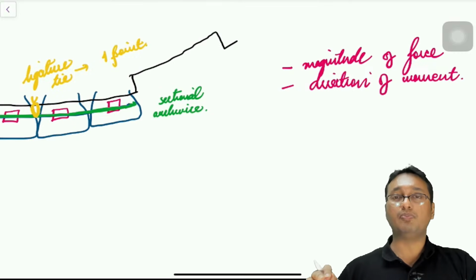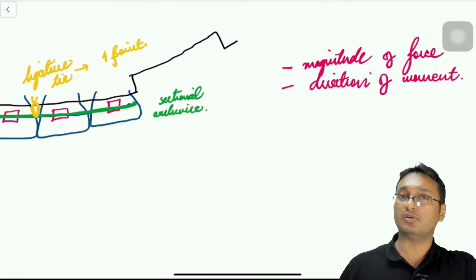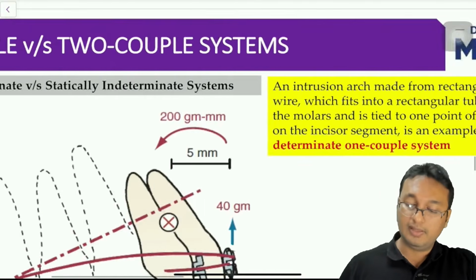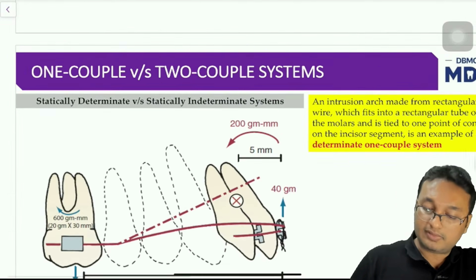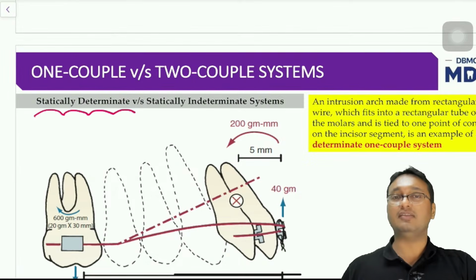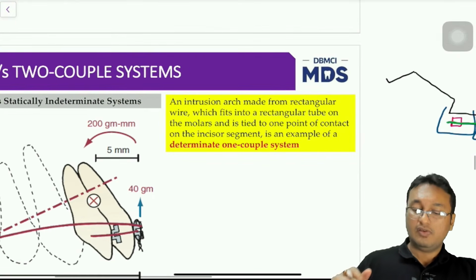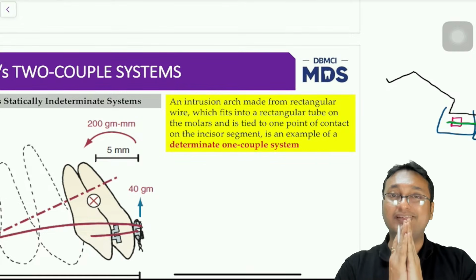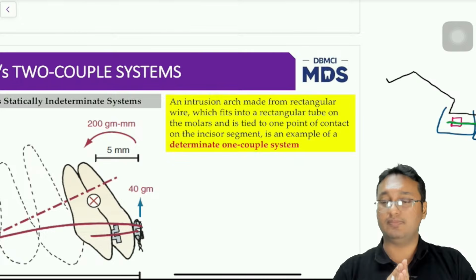So these parameters can be known for sure with acute precision in a one couple system. That is why it is synonymously called a statically determinate system. Determinate as in we can know exactly what is the amount of force and what is the direction of the net moment acting on that system.